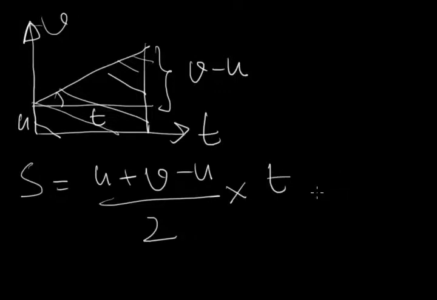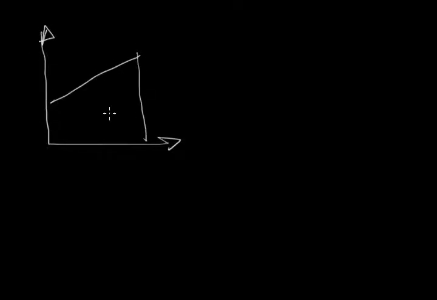So if I calculate this, then what I have is 2s is v into t. So when I have 2s is v into t, I can go on to calculate something else. Let me again draw the graph like this, and I will do the calculation here.